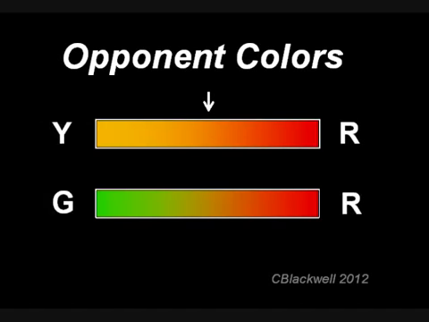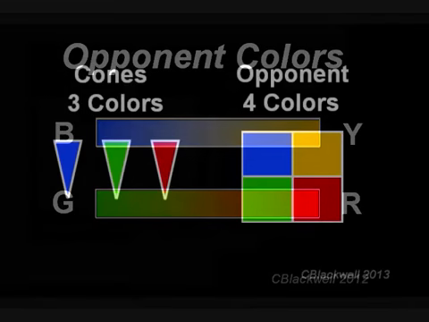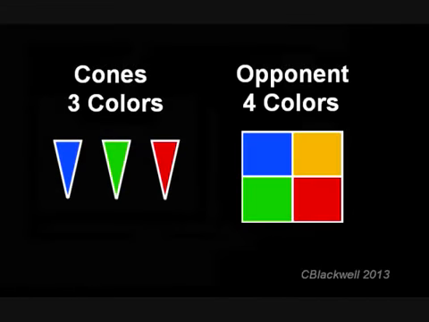Likewise, there is a perception of orange as a combination of yellow and red, but there's no color perceived as greenish red. These pairs of colors, blue and yellow and red and green, are mutually exclusive, so they are called opposing or opponent colors. Supporters of the two theories of color vision, cones versus opponent colors, battled for many years.